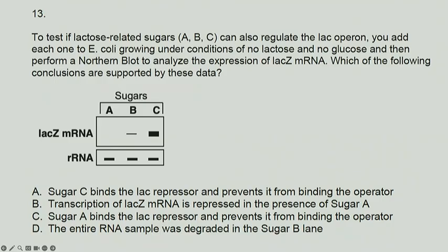It's repressed, right? We don't have lactose, so the repressor is still there. But we don't have glucose, so cAMP is high, so CAP is there. So the CAP is binding, and so pol with sigma 70 is ready to go, and it will happily transcribe that as soon as that repressor is off. So this experiment is set up specifically to look at whether other sugars can regulate that repressor.